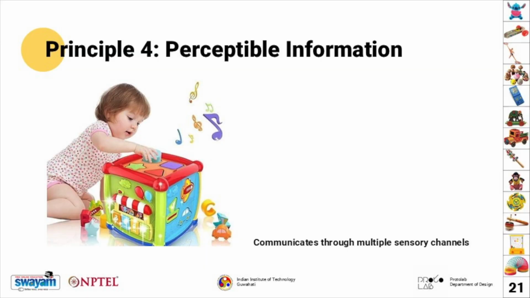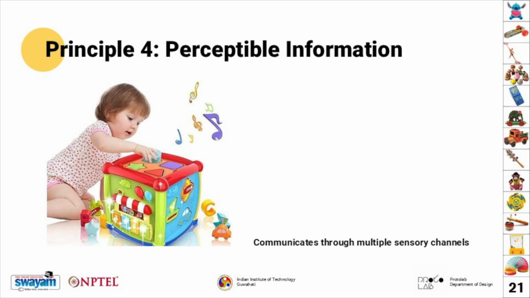Perceptible information ensures that participation does not depend on one sense, and that feedback should be noticeable regardless of sensory preference. Consider a game that signals success only through sound.